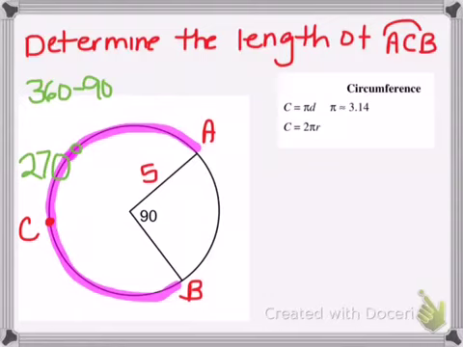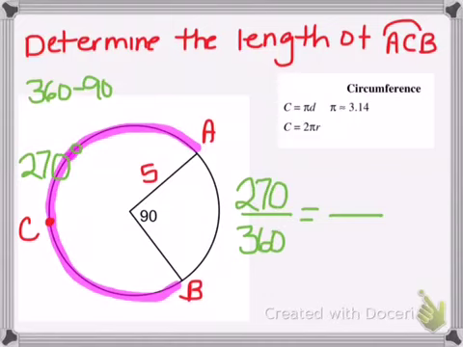If I want to find the length of the arc, you have to use the fact that they're similar. So I'm going to set up my proportion. The part of the circle, the arc, is 270 degrees. The whole circle is 360 degrees. I want to find the length of the arc, and I'm going to compare that to the circumference. Again, I'm going to use this formula: 2 times pi times the radius, which is 5.